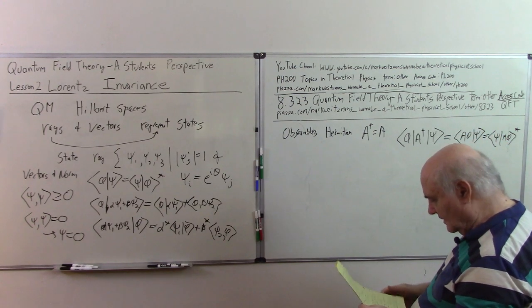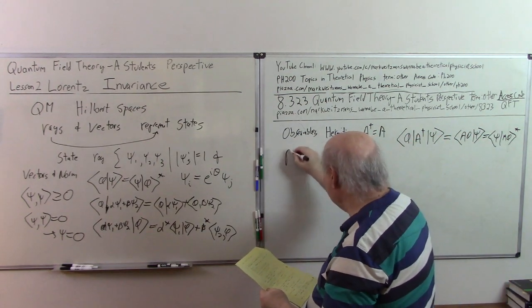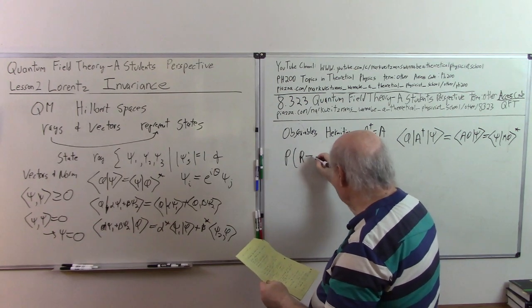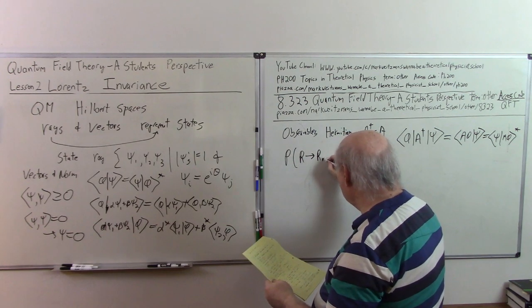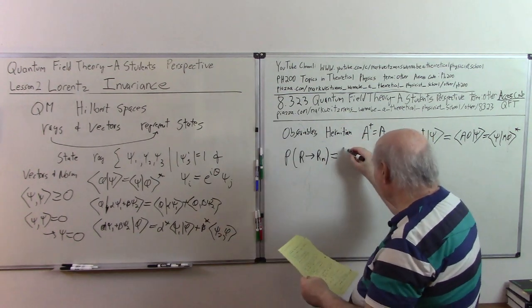Now, let's say you're in a state R and you're asking, are you in the state Rn? This is just given by the overlap.